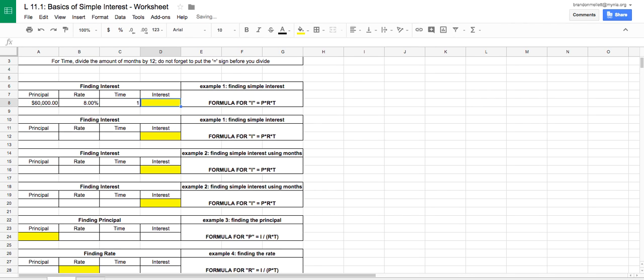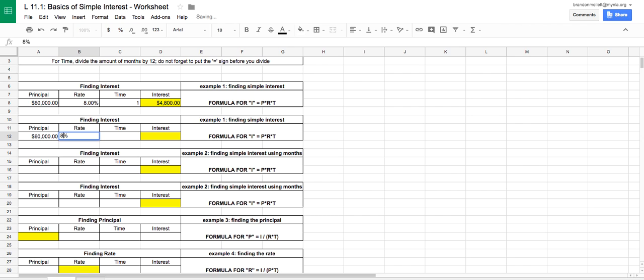Now, the formula to find this simple interest is to go equals, and just like the formula says here, principal times, which is the asterisk or shift 8, times rate times time. So the amount of interest that we would find on this loan over a period of a year at 8% would be $4,800.